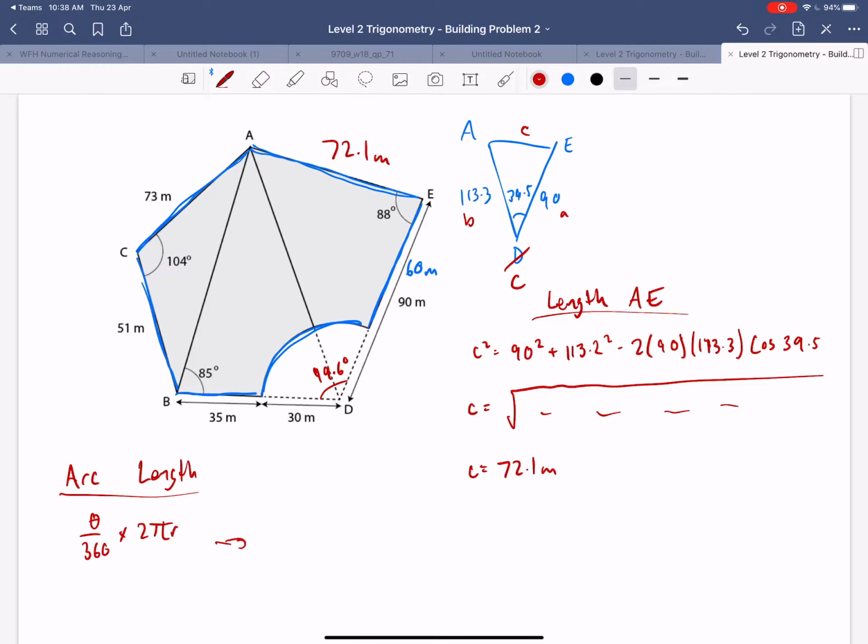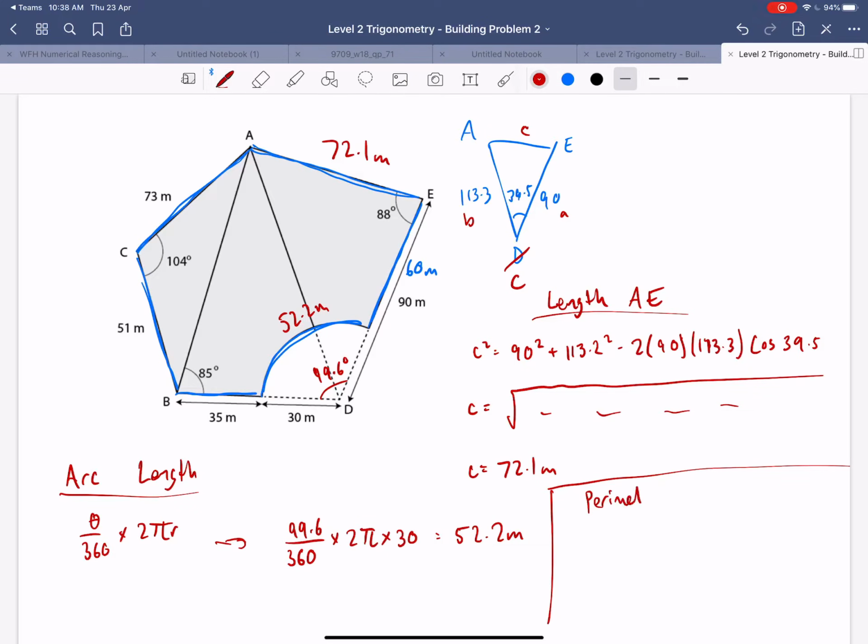So 99.6 over 360 times 2 pi times 30 gives me an arc length of 52.2 meters. Okay.